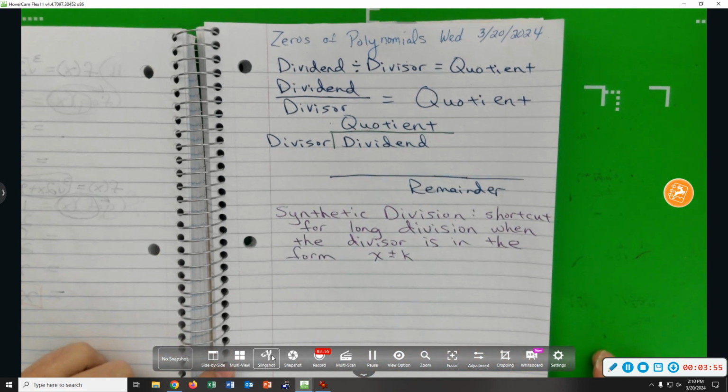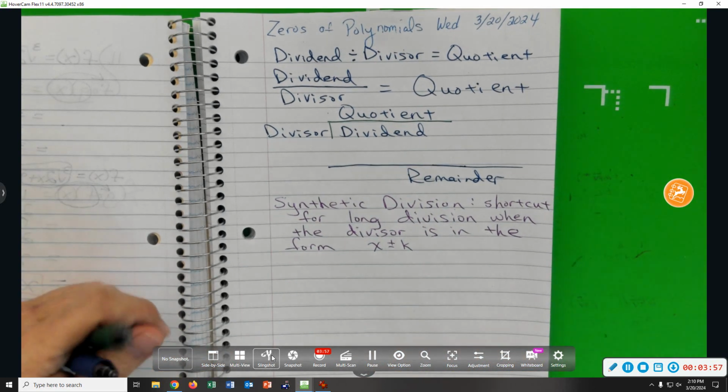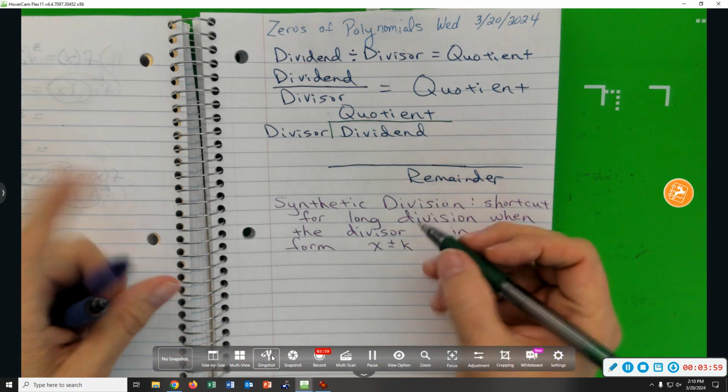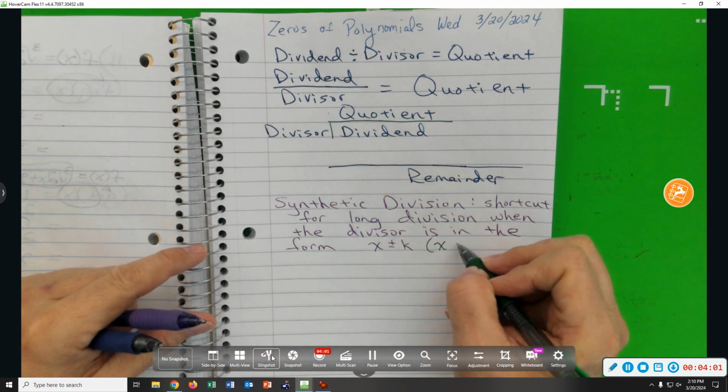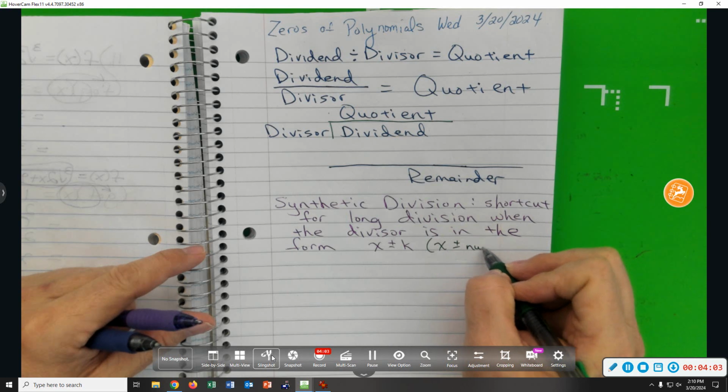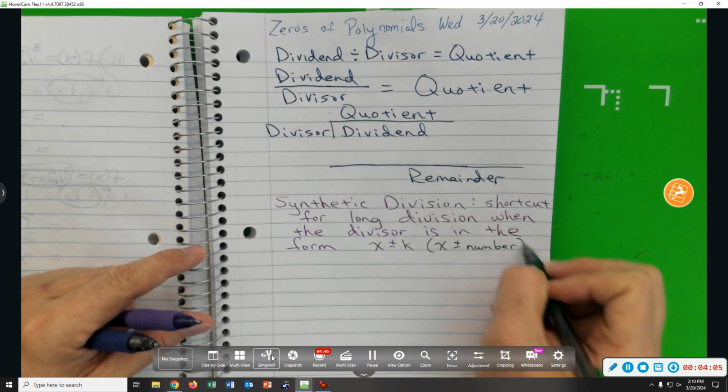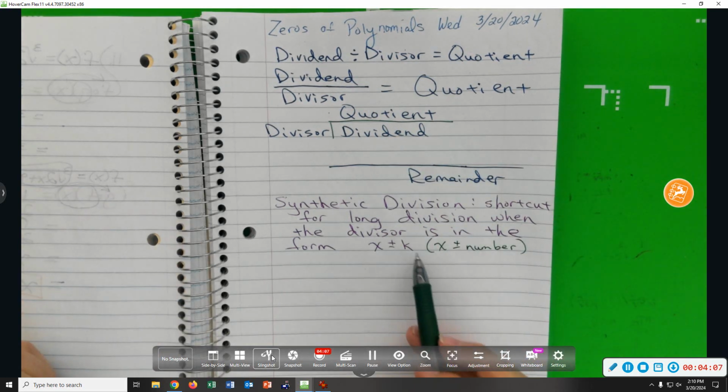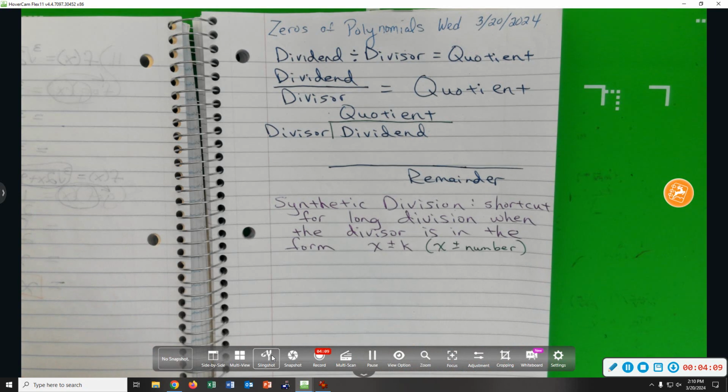I'll write it like this: x plus or minus a number. Now that number there is what I'll be denoting with the letter k.